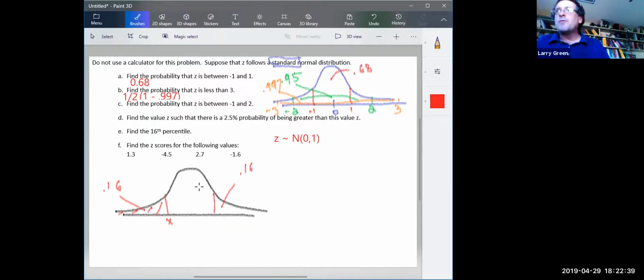Yeah, it's going to be 1 minus 0.32, or 1 minus 2 times 0.16. And that is equal to 0.68.